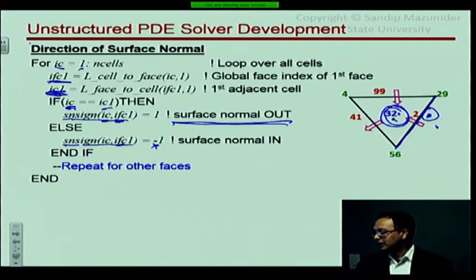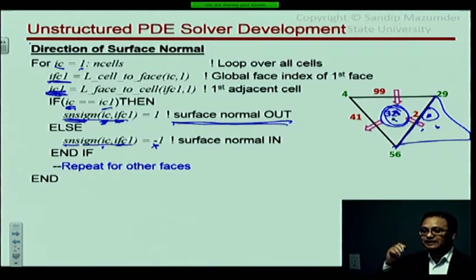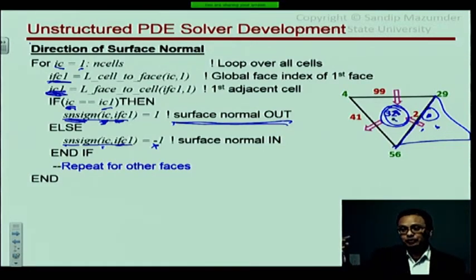If I'm looking from here, I see this surface normal coming in, but if I'm looking from the next cell, I see that surface normal going out. So this sign is stored in such a way that it is cell based, cell and face based. You give it the cell number as well as the face number of that cell, and from that it has either a +1 or a -1.